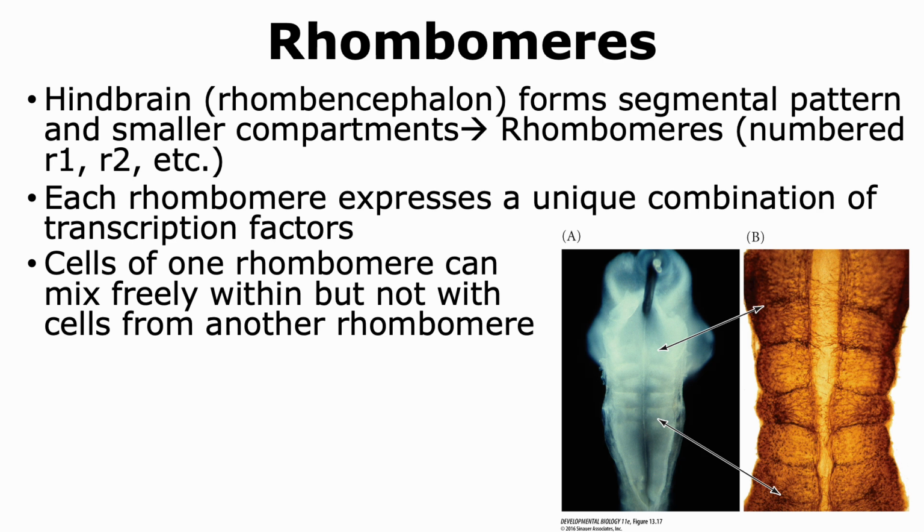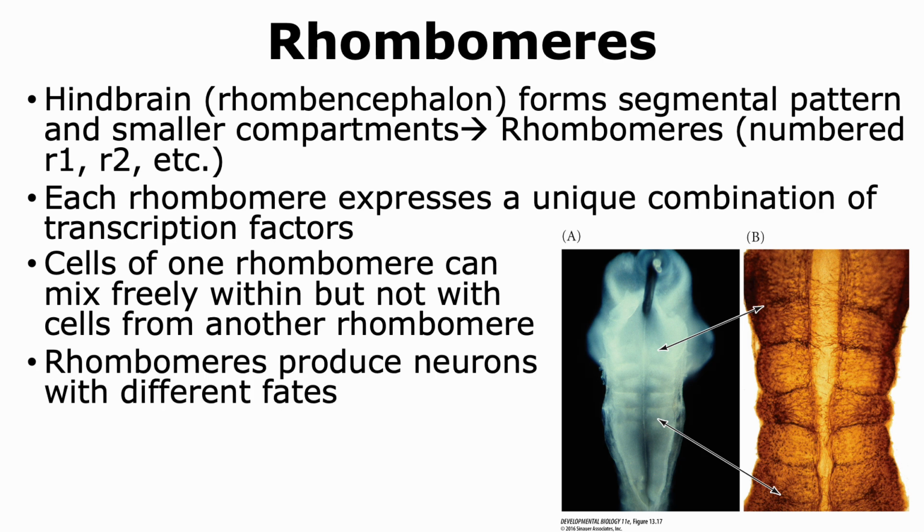And what has been observed is that the cells of one rhombomere can mix freely within cells that are in that rhombomere, but it does not interact or mix with cells from another rhombomere. And thus, the rhombomere produces neurons that have different types of fates and different kinds of functions.